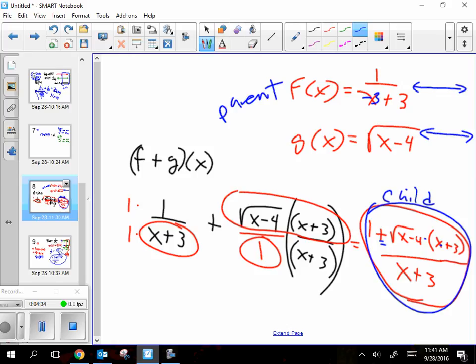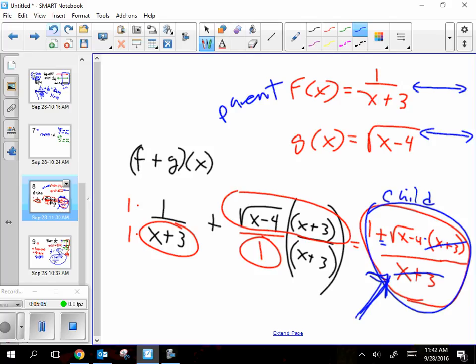So, bottom line, I know this is hard to understand, but you have to trust that you cannot look. I could show you, it'd take me 20 minutes, and we don't have time for that. I could prove it to you, but you can't do the domain on this by just looking at this. Here's the main reason. Remember how you guys kind of wanted to cancel this off? That does happen sometimes. This one wouldn't work, but if this canceled off, we'd never even know that -3 was an issue.